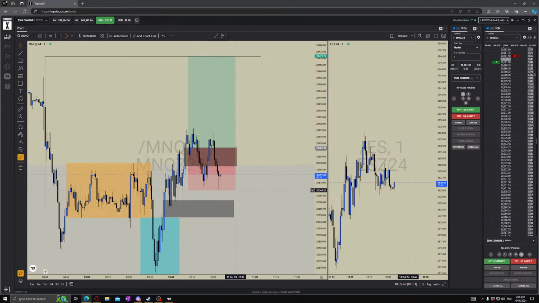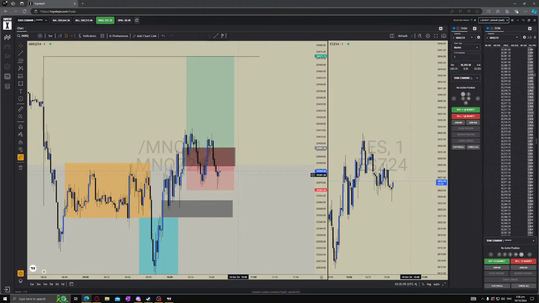There is no freaking shot that we move our stop loss just to stop us out. That would be amazing. But I wouldn't be surprised. There we go. Yeah, so this is what I was talking about. Let's see now if we actually take out this low.